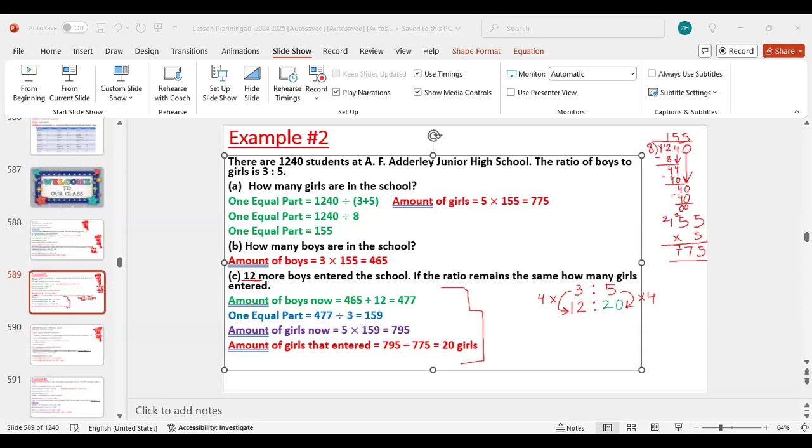Oh, I see what you're saying. 1,600 divided by 8 is 200, iterated across 6. I think I'm supposed to get that right. How many boys are in the school?